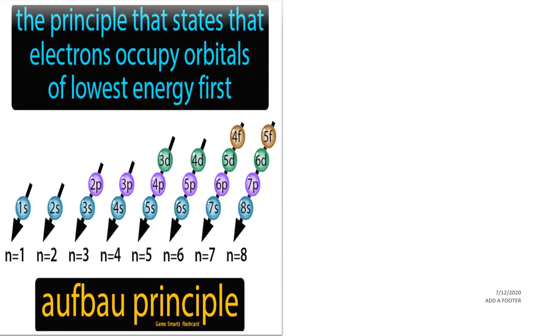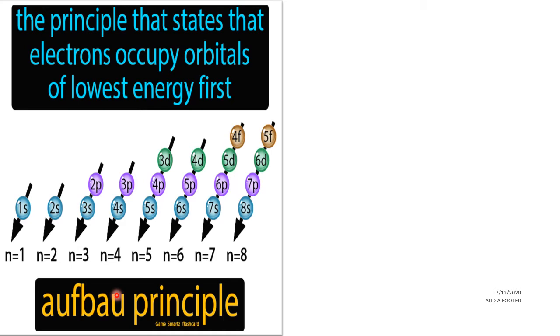I told you for this there are some rules or principles. So we learn one by one what those rules and principles are. First one is the Aufbau principle. Here Aufbau means to build up. How electrons are built up in different shells or orbitals is known as Aufbau.